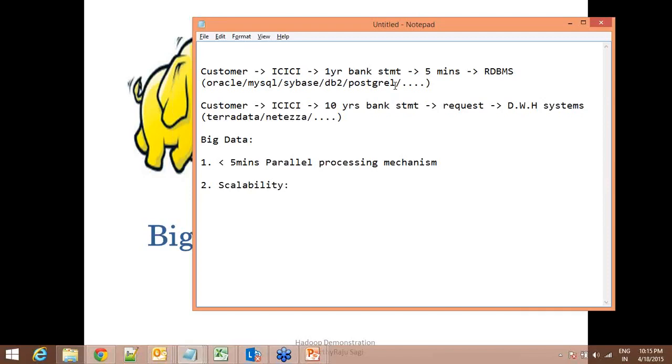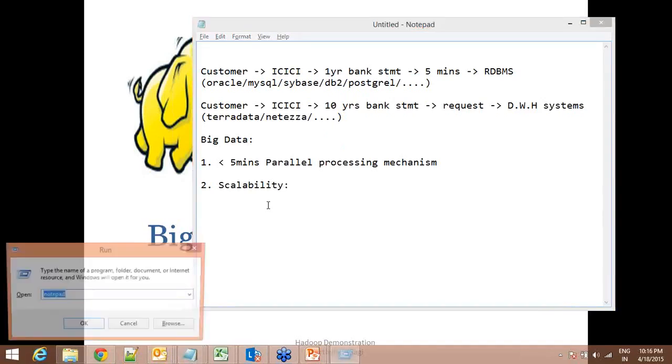But 16 TB is not the only data, because companies are handling even terabytes and petabytes of data. So to handle higher limits, data warehouse systems came into the market. But they again have a certain drawback in terms of scalability.